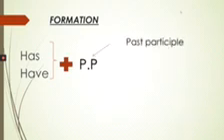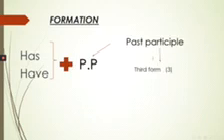Present perfect tense consists of has or have plus PP. And PP is the past participle. P for past and P for participle. Okay, what do we mean by past participle?